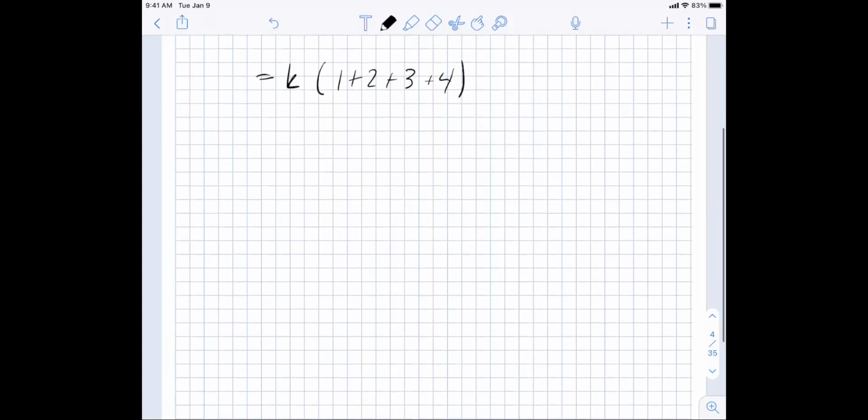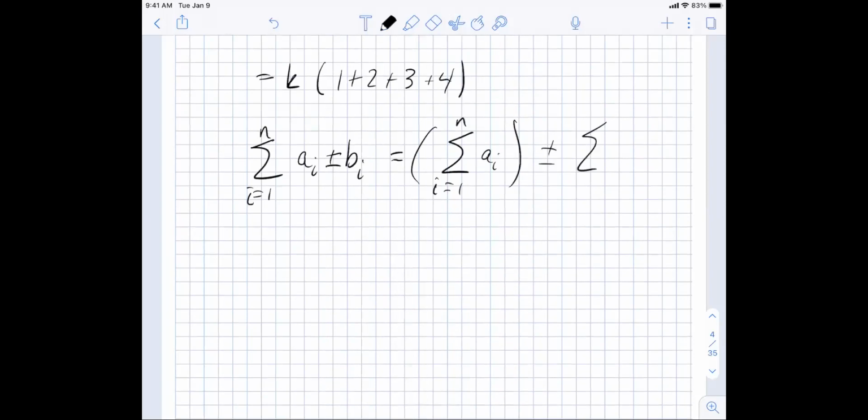Okay, so the second property was the sum from i equals 1 to n of a_i plus or minus b_i is equal to, well, you can do these sums separately: the sum from i equals 1 to n of a_i plus or minus the sum from i equals 1 to n of b_i.